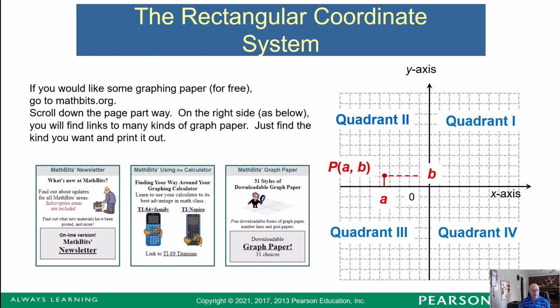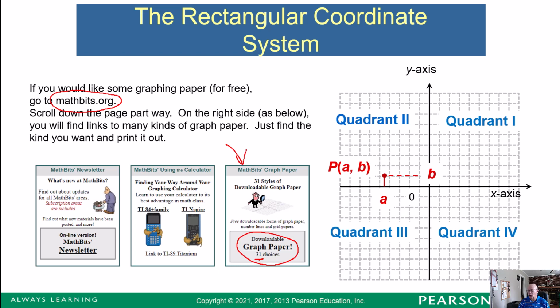Now here's an extra one I threw in that wasn't with the book, but it is a good tip. If you go to mathbits.org, on the web, scroll down the page about 1 page worth. On the right side, you'll see downloadable graph paper. You have 31 choices of graph paper. These are in addition to what I already put in Blackboard.